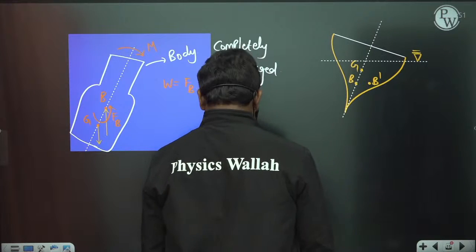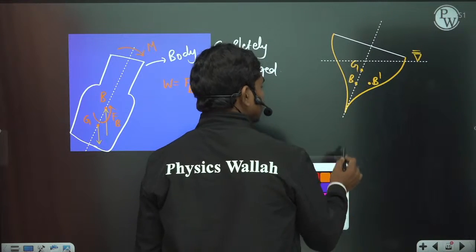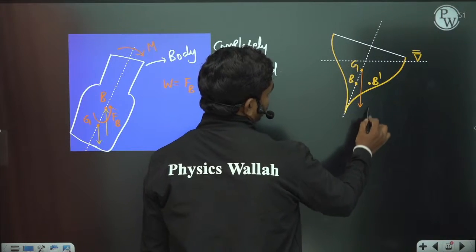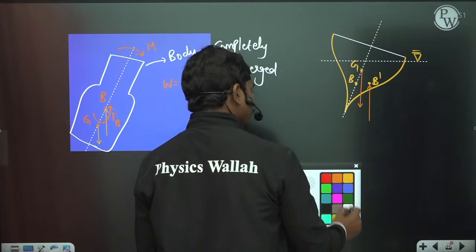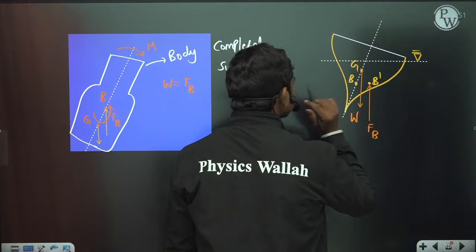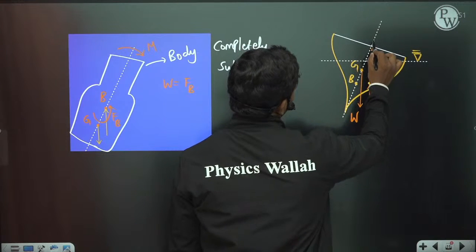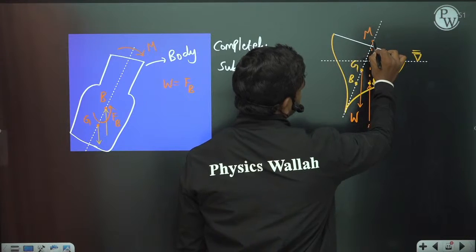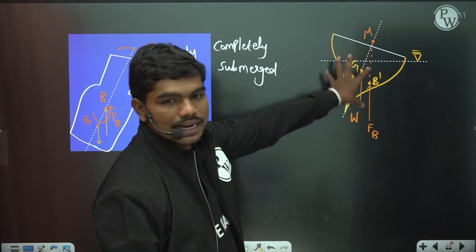Now if you see, gravity is in this direction, the weight and the buoyancy force is in this direction. So this is W and FB, the buoyancy force. Now the metacenter is nothing but the point of intersection of this line with this axis of the ship. And this M is the point about which this body will actually rotate.